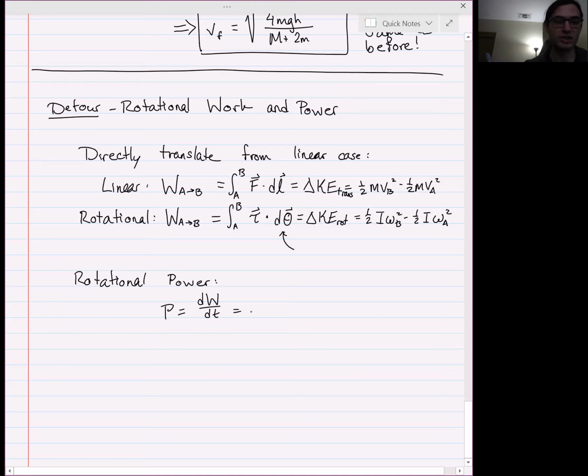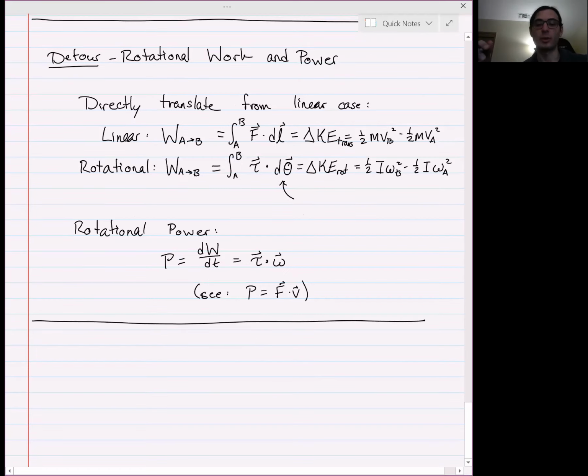And so this is just torque dotted into omega, just like how the power for translational motion was force dotted into velocity. P equals F dot v. It's completely analogous. That was the short detour I wanted to take.